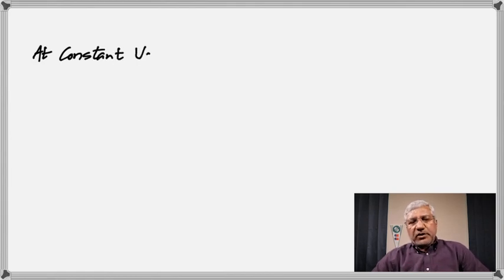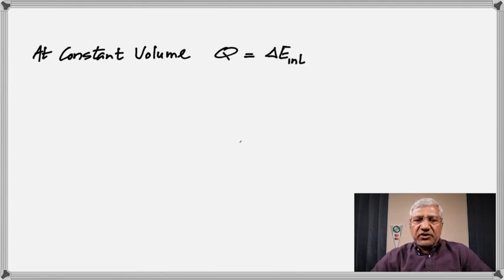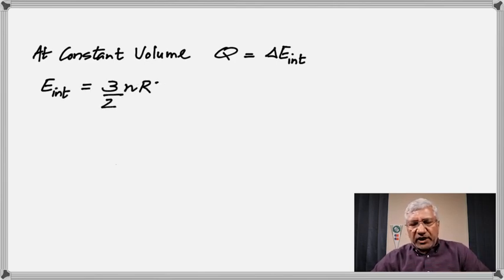Now again, at constant volume, we know that Q is the change in internal energy. Why? Because all of the heat that's given to the gas is used only for changing internal energy, because it's not expanding. The piston is fixed. And the internal energy is actually 3/2 nRT.